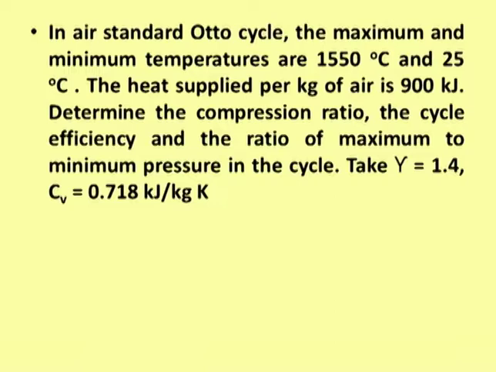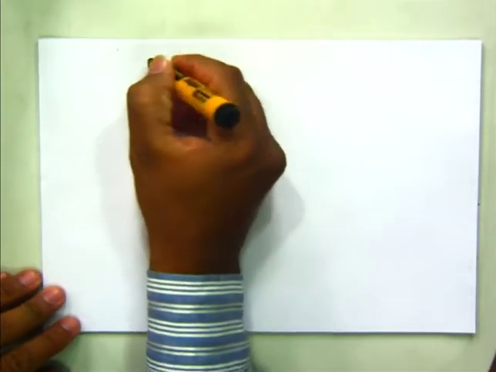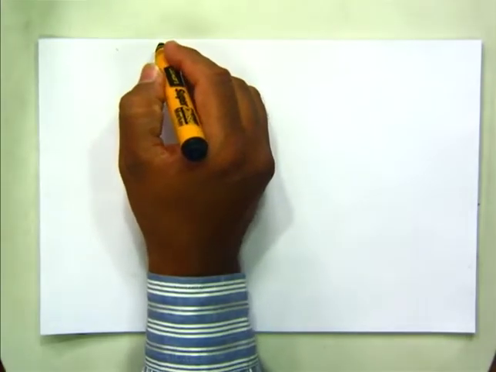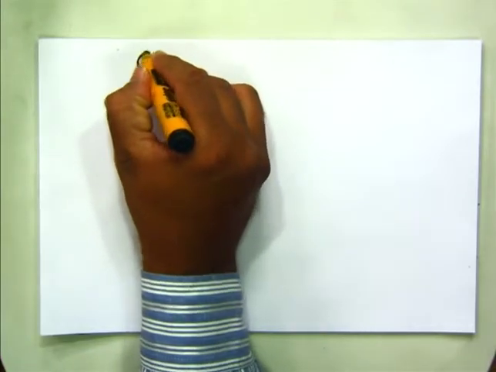Determine the compression ratio, the cycle efficiency and the ratio of maximum to minimum pressure in the cycle. Take gamma equal to 1.4 and specific heat at constant volume Cv as 0.718 kilojoule per kg Kelvin. Let us solve. It is the problem of the Otto cycle.